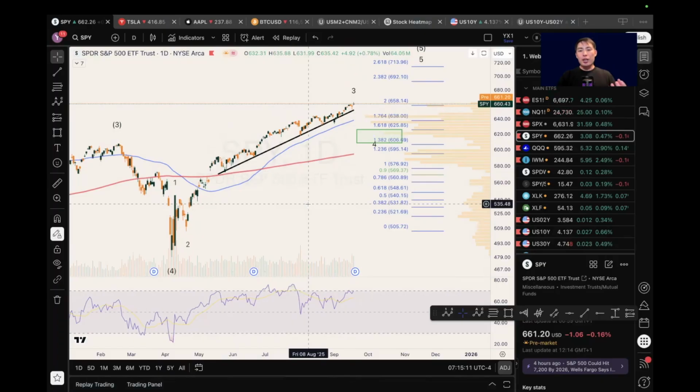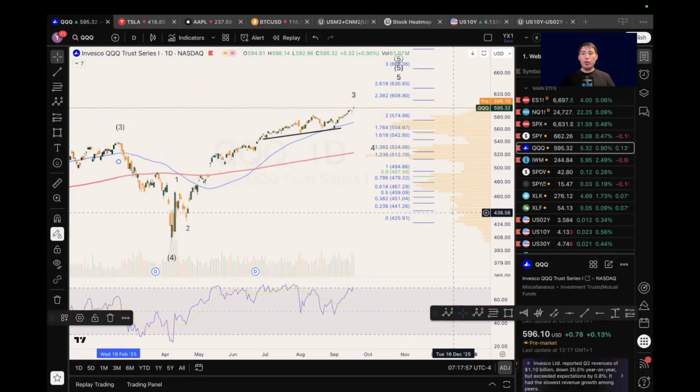But given the market momentum and the Fed just cut, there is no real reason why we can't reach 690 next, as long as we're holding well above this trend line, as well as the 50-day, and in my opinion the 50-day is much more important, with this volume profile acting as support around the 640. We could get pullbacks, but ultimately the direction is still upwards.